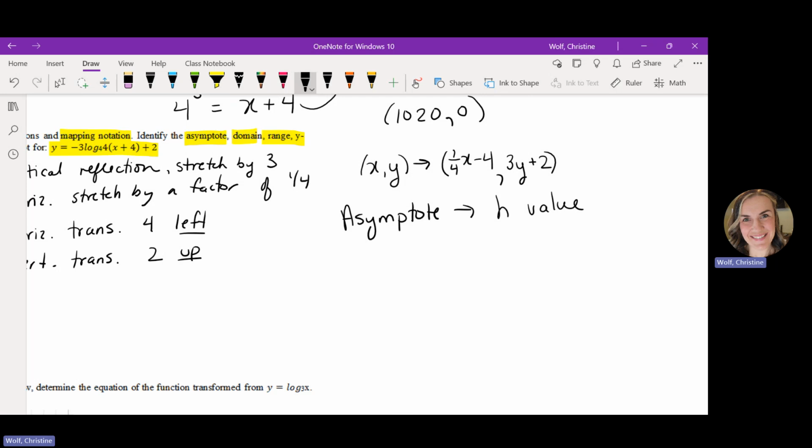But what? Oh, sorry. Yeah, right here should be a -3. Thank you. It was a vertical reflection too. Thank you. So your asymptote is your h value. So because we shifted 4 left from normal, that means your asymptote would be at -4.